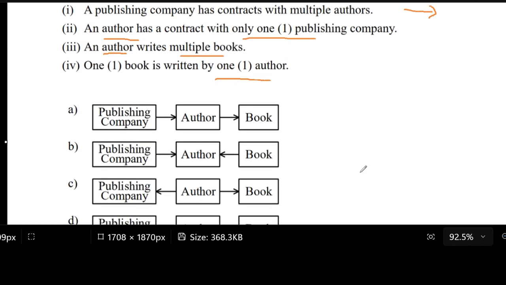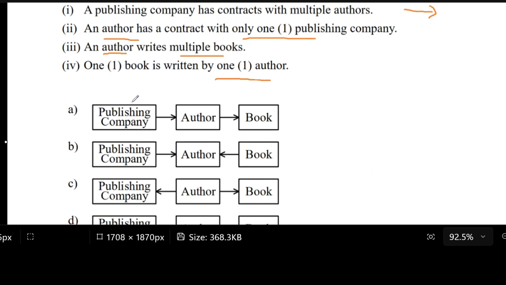Actually, this question isn't really supposed to be difficult. It's just that we need to be able to understand how the conditions and the notations function so that we can choose the correct answer. So in this case, we have the idea from the set of conditions that the publishing company has contracts with multiple authors.